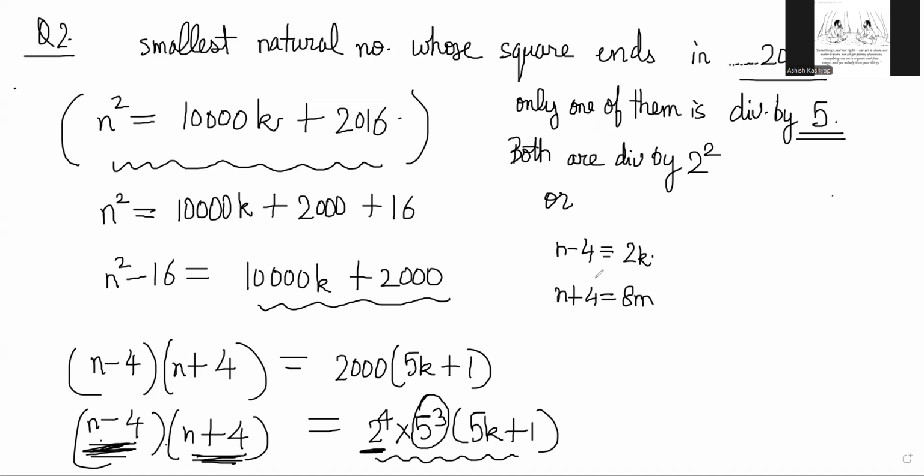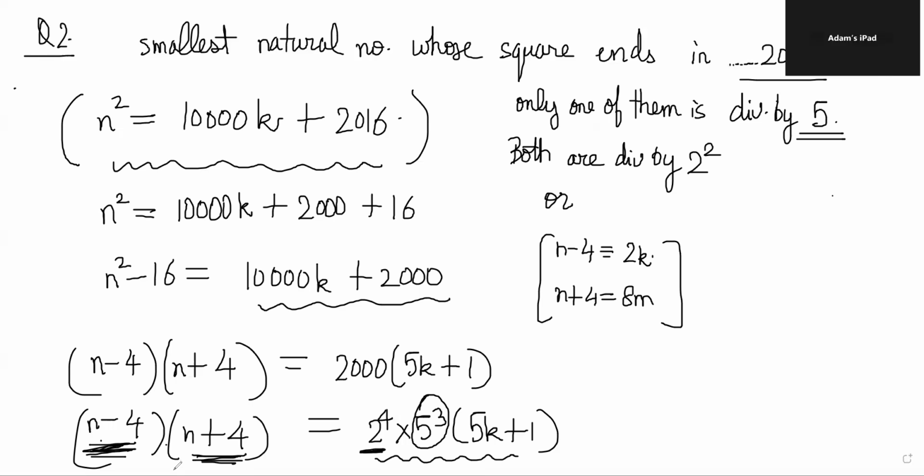Is it possible? No, it's not possible, because they differ by 8. So if one is 2 mod 8, then the other one will also be 2 mod 8. So it is not possible that only one of them is 0 mod 8 and the other one is divisible by 2. It is also not possible that one of them is divisible by 2 and another one is divisible by 16. You can check that also.